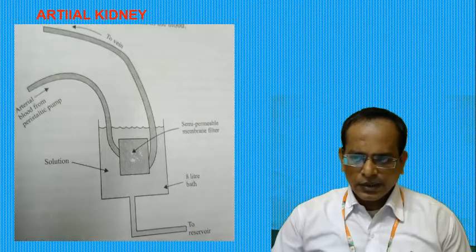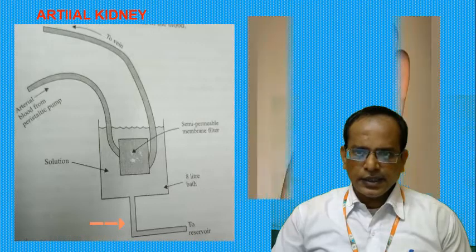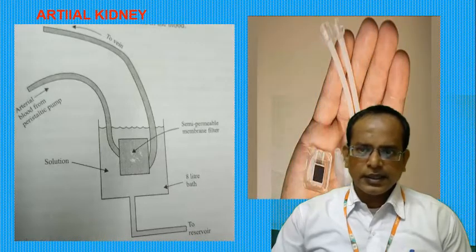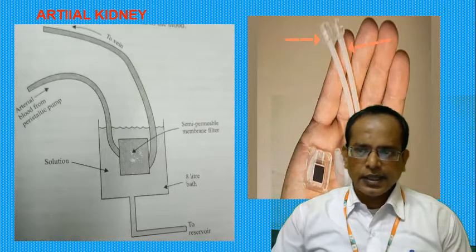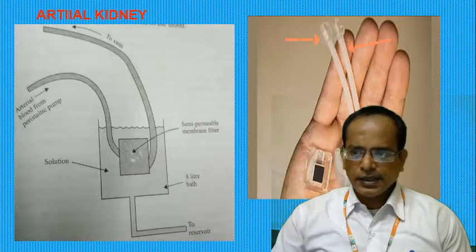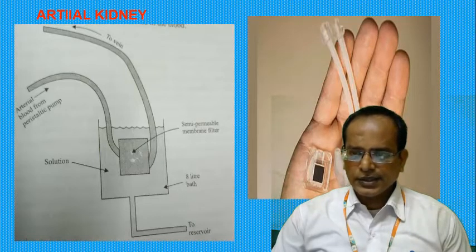Now we will see it with a smaller diagram. One tube is for connecting the vein, another tube is for connecting the artery, and both tubes are called an AV shunt.